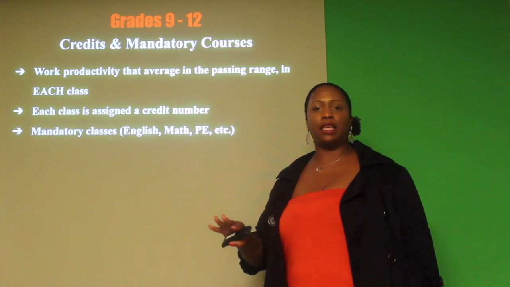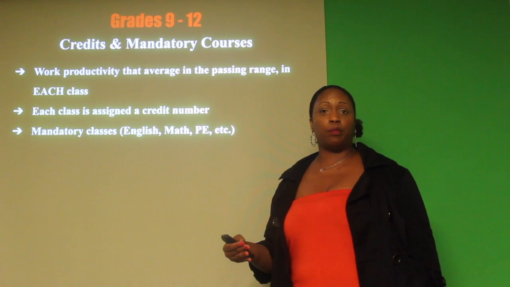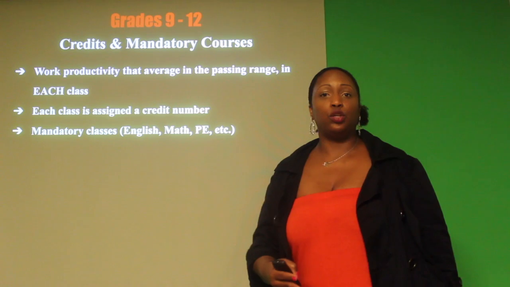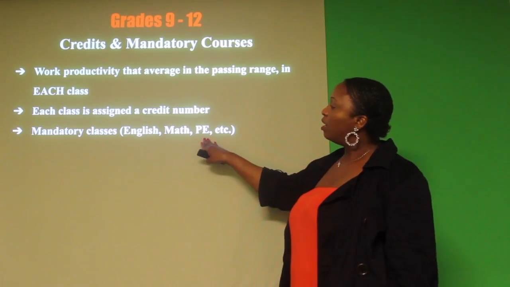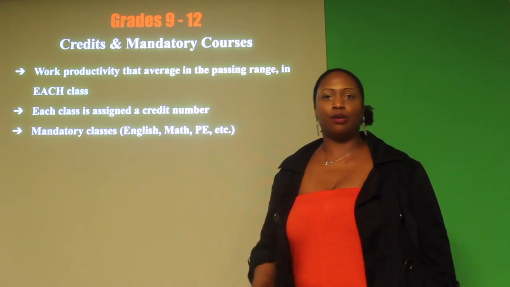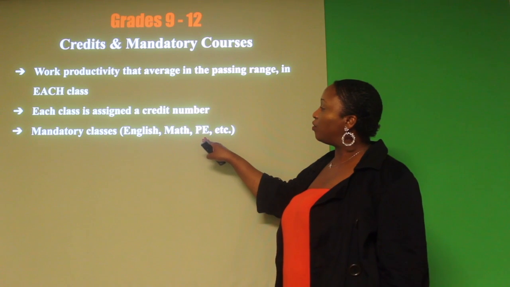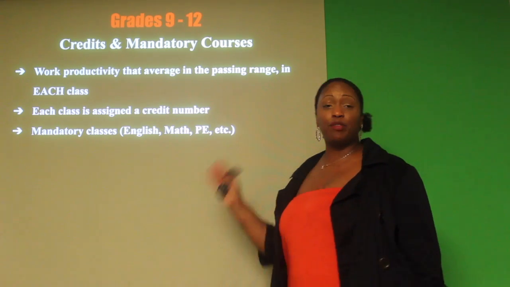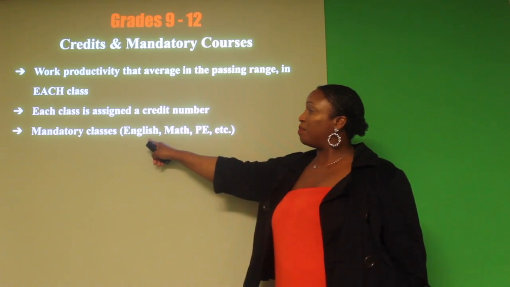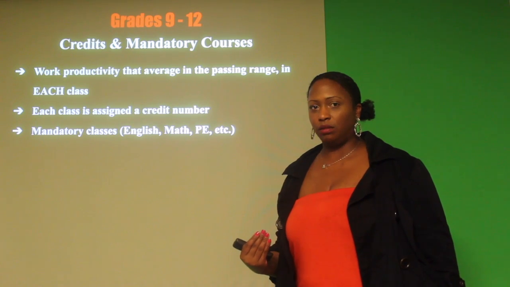So again, apply this basic information based upon your school standards. Okay, you have to take PE 1 semester, 1 year, 2 years, whatever the standards are. Okay, so if, let's say, you have enough credits when you're a senior at the end of the year, but you failed one of the English classes, you don't graduate.